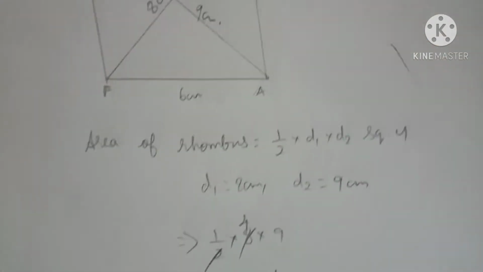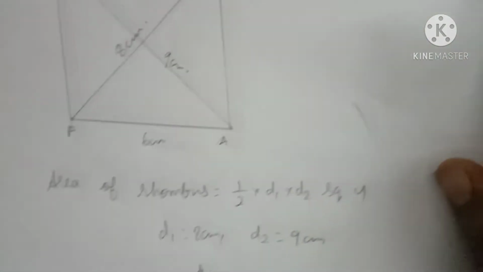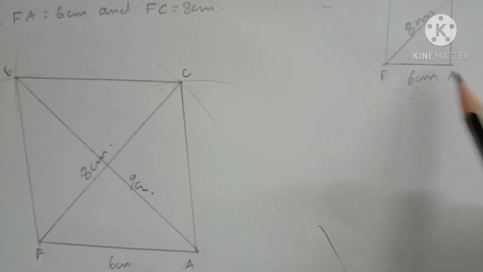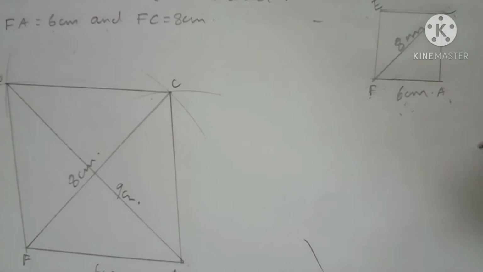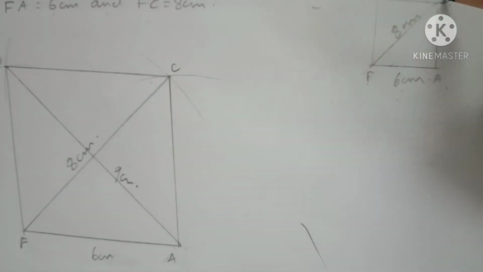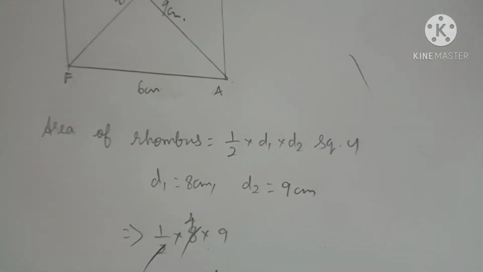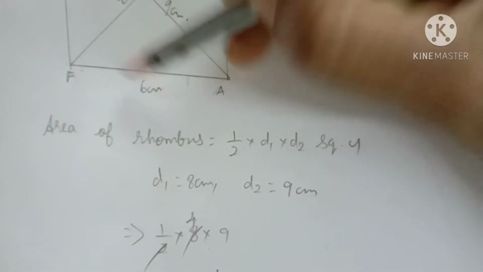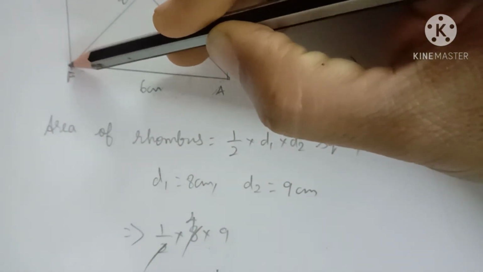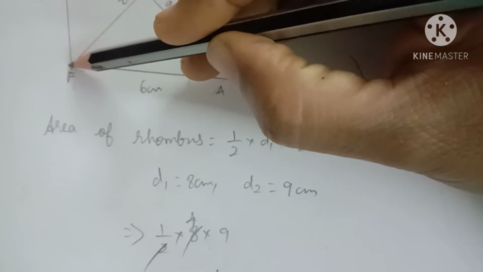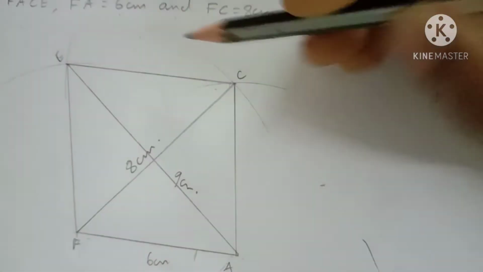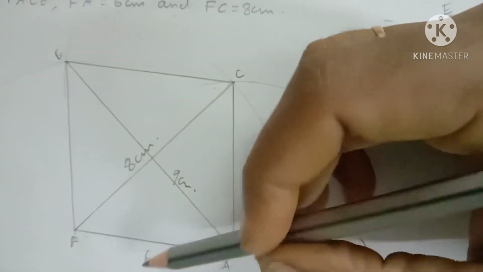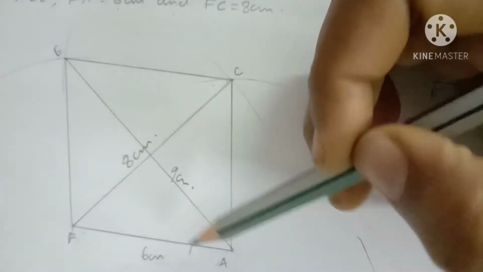So, again I am explaining. First draw the rough figure and mark the measurements: FA is equal to 6 centimeter and then FC equal to 8 centimeter. Draw a line segment FA equal to 6 centimeter. With F as the center, take radius 8 centimeter and cut an arc at C. Then you know rhombus means all the sides are equal.